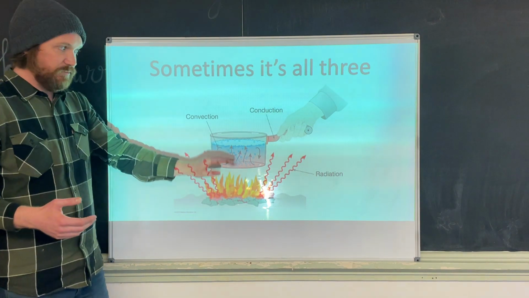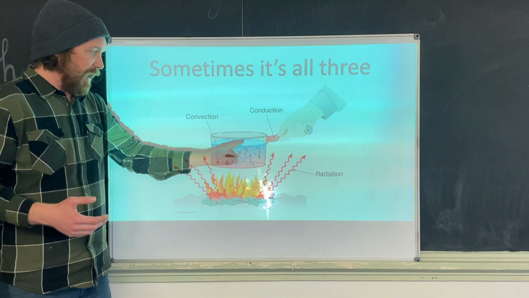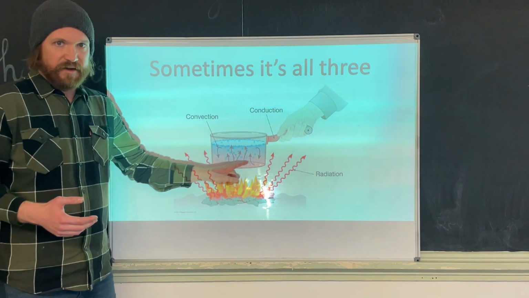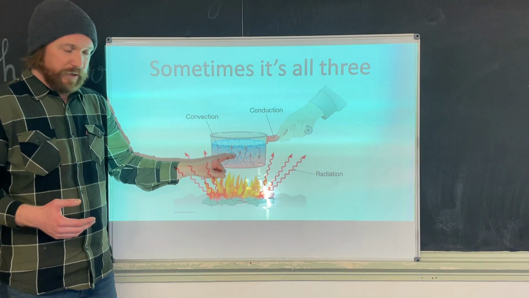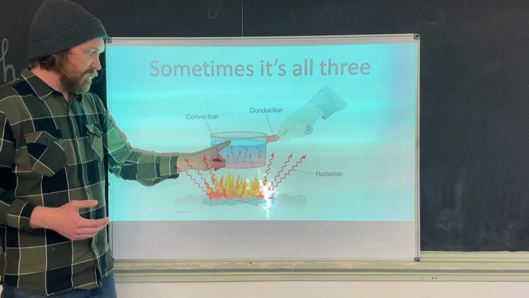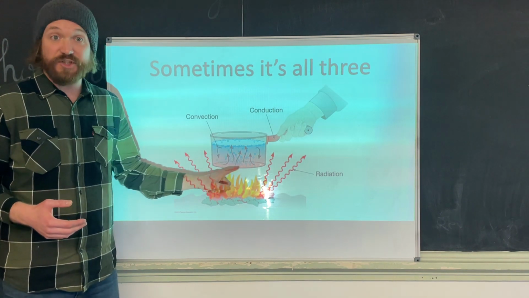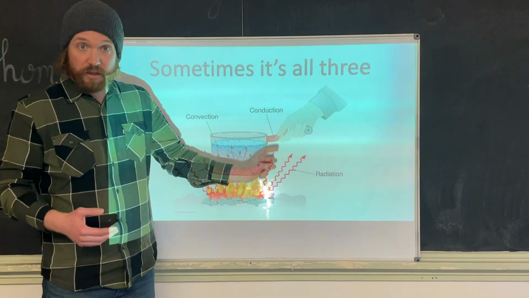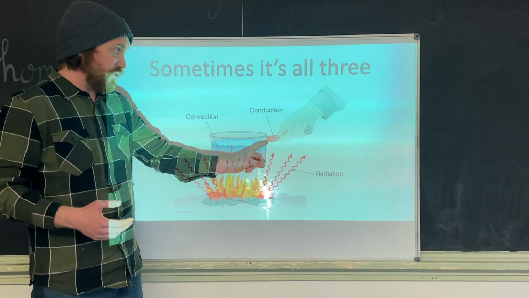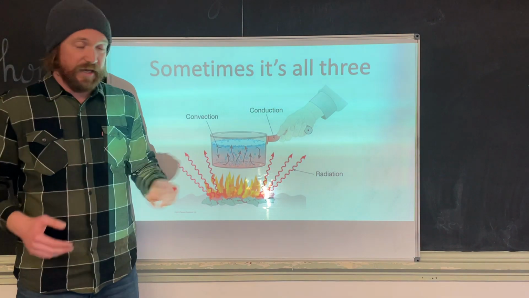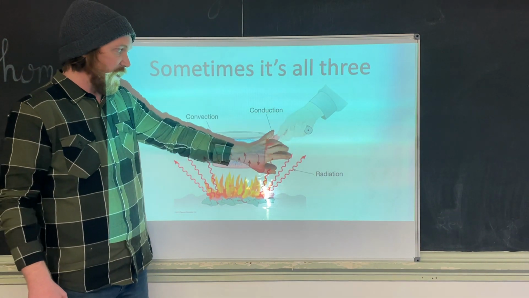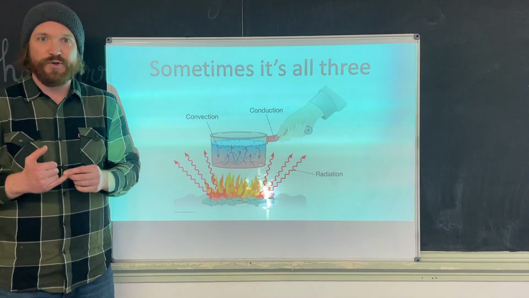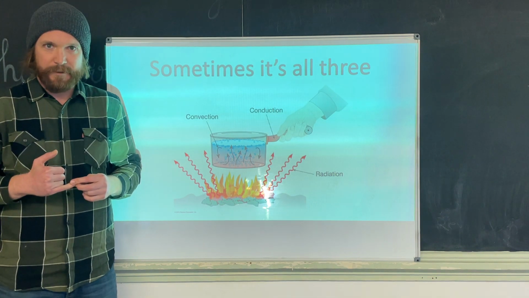You then have the boiling water inside of the pan. This is a fluid. The hot water rises, the cold water falls. This is convection right here. And then if you are not wearing a glove and this pan gets too hot, you touching the pan is direct contact of solid on solid, and that gives you conduction.